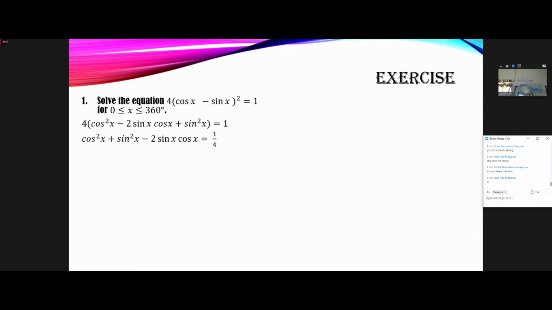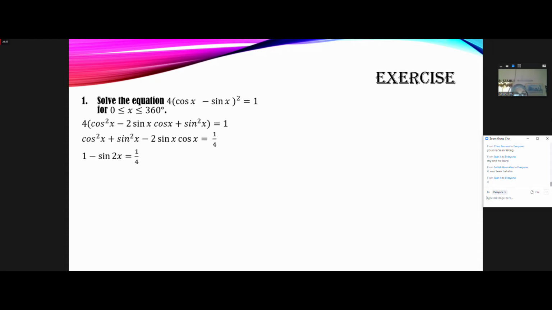I arrange cos squared x and sin squared x, I put it together. And minus 2 sin x cos x, I put it the last term. Why is it? Because cos squared x plus sin squared x is actually 1. 2 sin x cos x is sin 2x. It's like this: 1 minus sin 2x equals to 1 over 4.